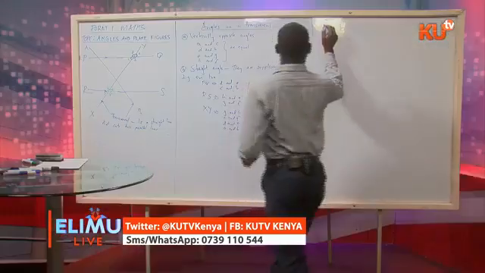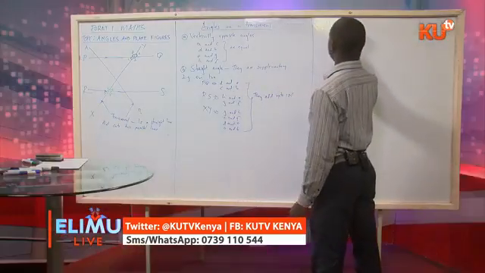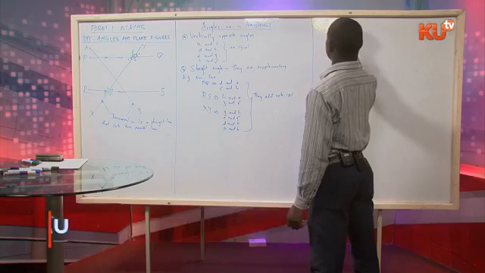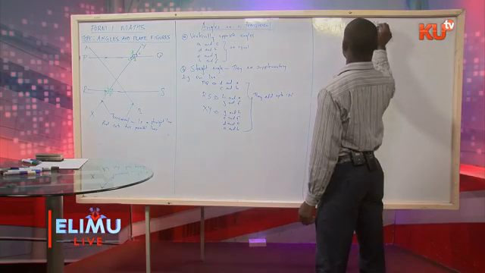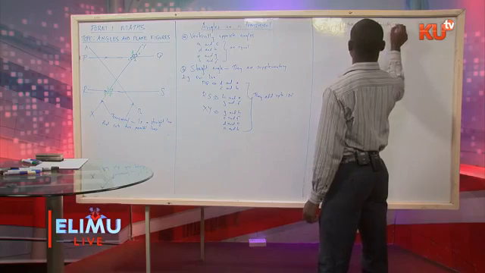Number 3, we want to discuss what we call the Z angle. The Z angle, also called the alternate angles.